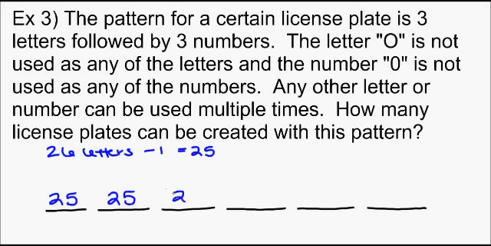So of course this is also 25. Now numbers, single digit numbers, because each space is going to be one character, one digit. We have just 1 through 9. And if you counted these up, you do have 9. So we have 9 possibilities for each of these.